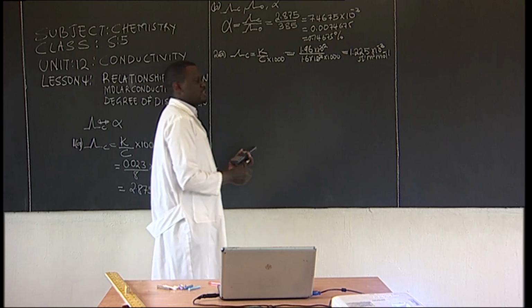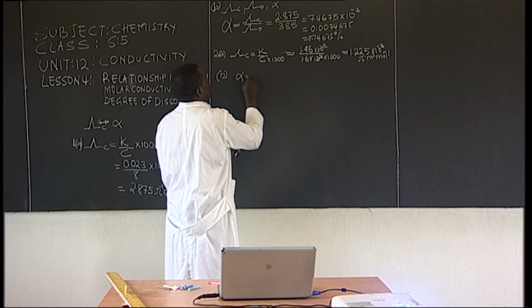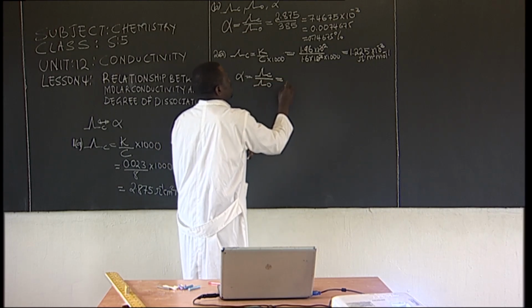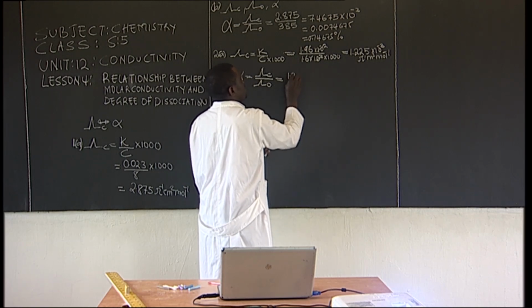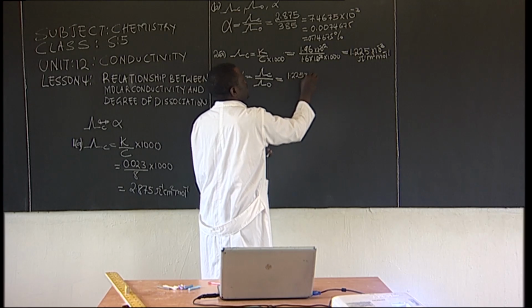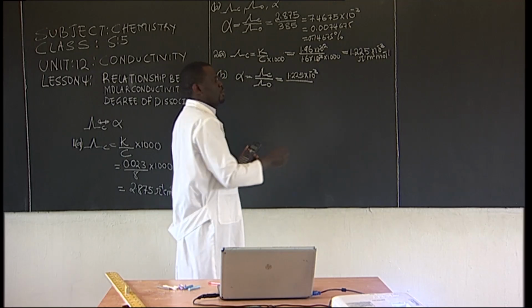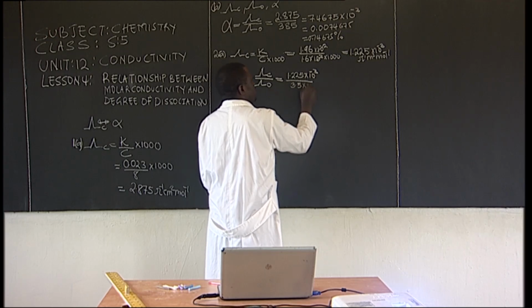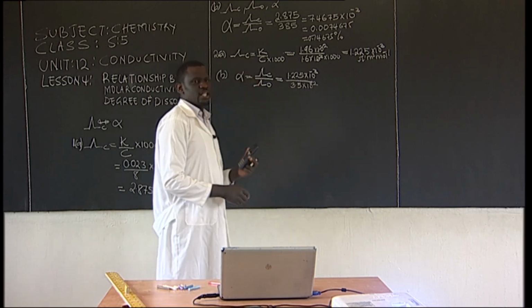So then the degree of ionization. Our degree of ionization will equal the molar conductivity at any concentration divided by the molar conductivity at infinite dilution. So here we are going to begin with the value we have calculated, times 10 to the power negative 3, divided by 3.5 times 10 to the power negative 2.